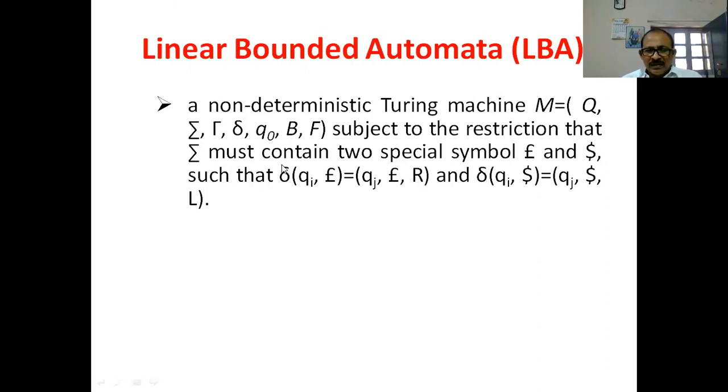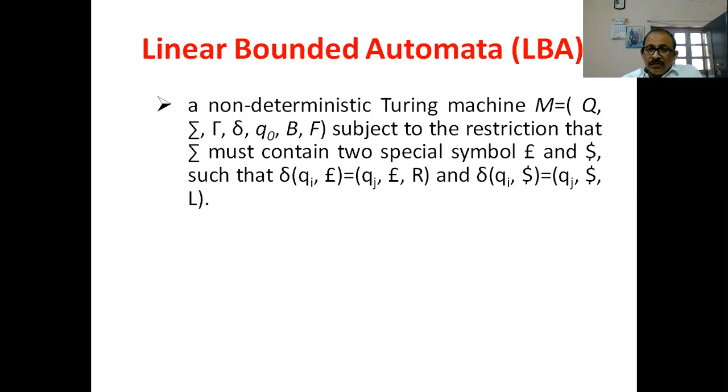What are the conditions? Delta(Qi, pound sign): the machine in state Qi reads the pound sign, goes to Qj, replaces the pound sign by the pound sign, and moves in the right direction.